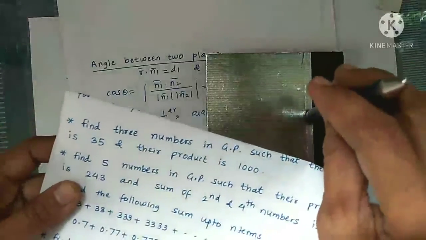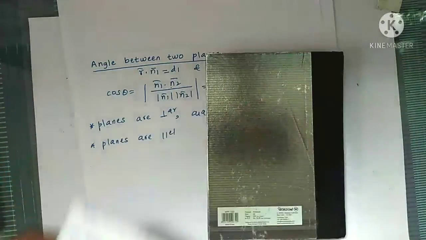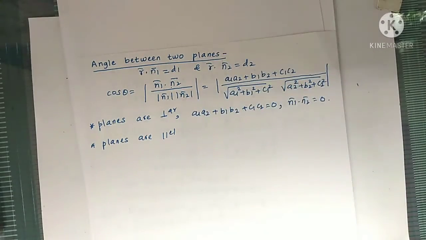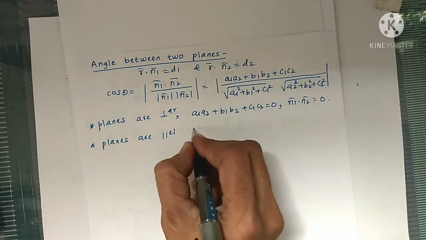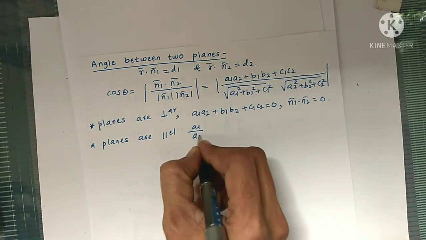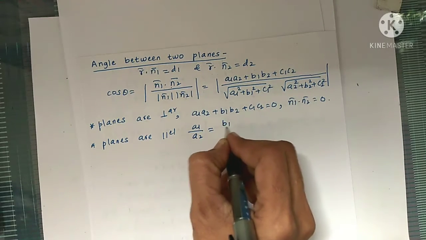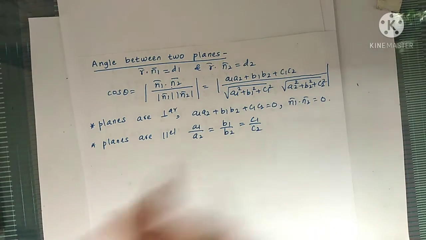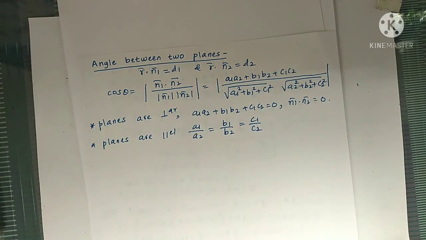So these two normals are parallel to each other. That means their direction ratios are proportional: a1 upon a2 equal to b1 upon b2 equal to c1 upon c2.